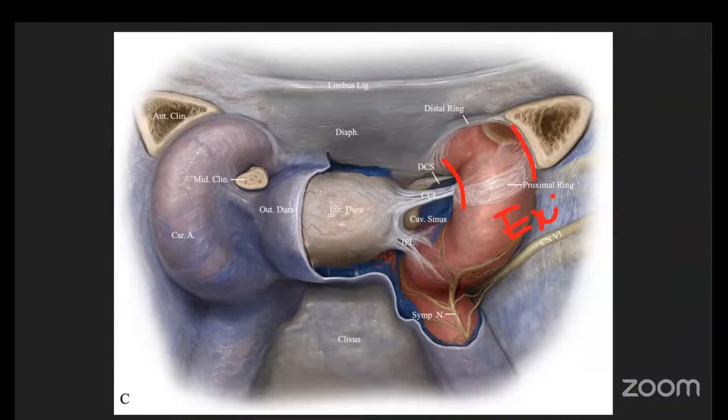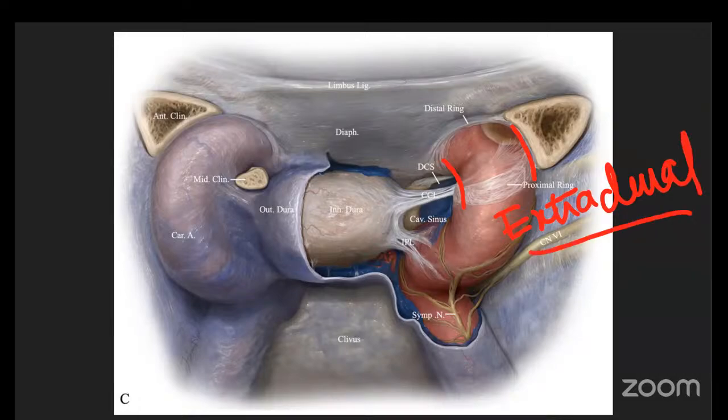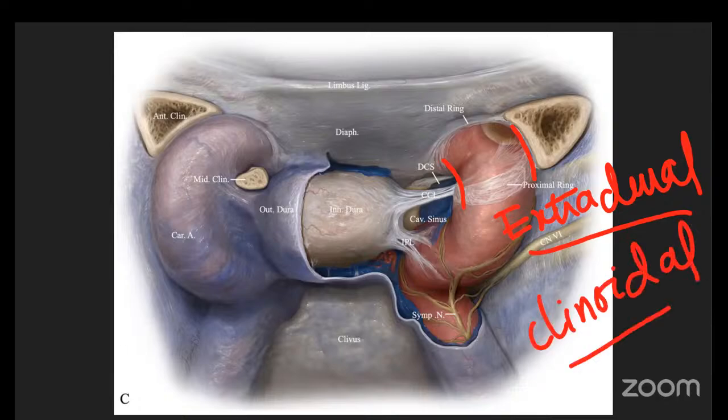This is something that we discussed in detail in the previous session, that the ICA, which is behind the anterior clinoid process, the clinoidal segment, is extradural. What does it mean? It means that once we take the anterior clinoidal process off, we get access to extradural ICA directly, and this ICA is the clinoidal segment, right?